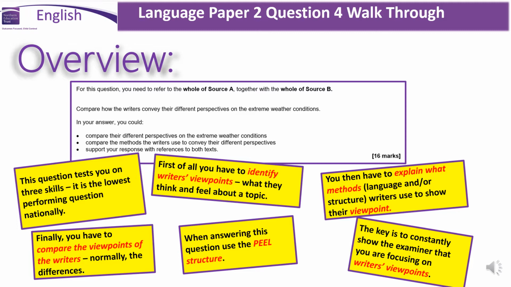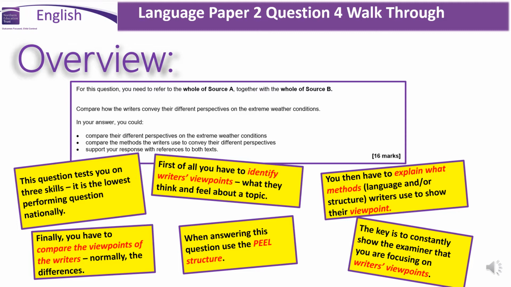The first thing that you've got to be able to do for this question is to identify the writer's viewpoints, what they think and feel about a topic. You then have to explain what methods, language and/or structure writers use to show their viewpoint. Finally, you have to compare the viewpoints of the writers, and normally it is the differences.